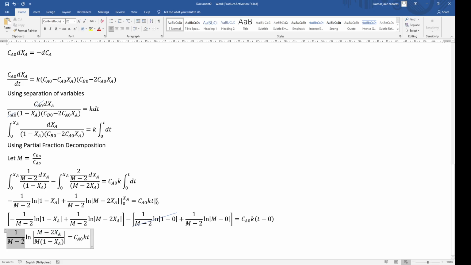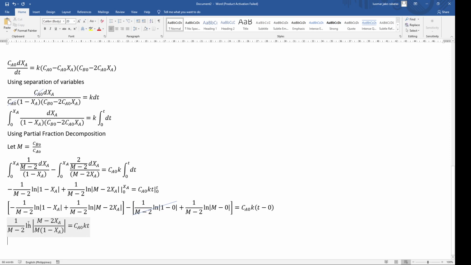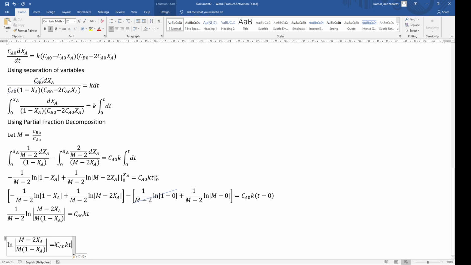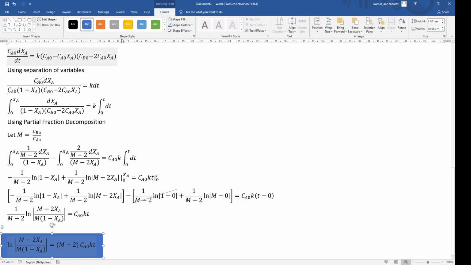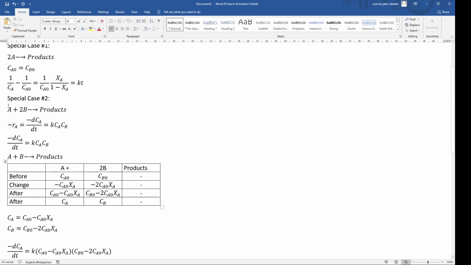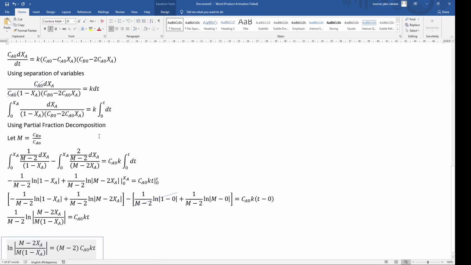So transposing this to the other side by cross multiplication, we will be getting this one, 1 minus m minus 2. So this is now the equation that we can use given this type of reaction.